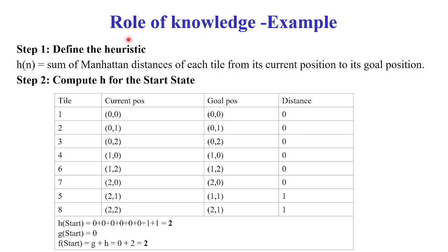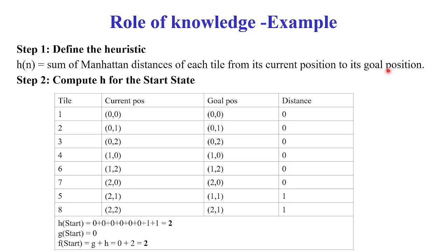For defining the heuristic, we are using Manhattan distance. For every tile, Manhattan distance asks how many steps this tile would need to take to reach the goal state. You can move up, down, left or right to reach the goal.